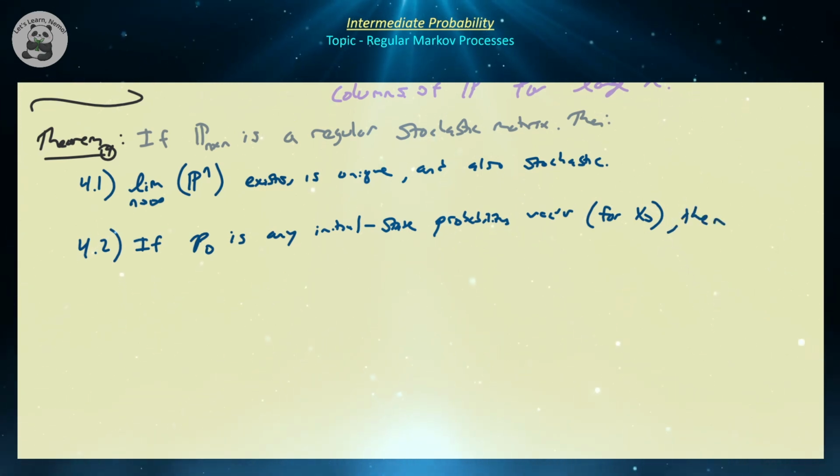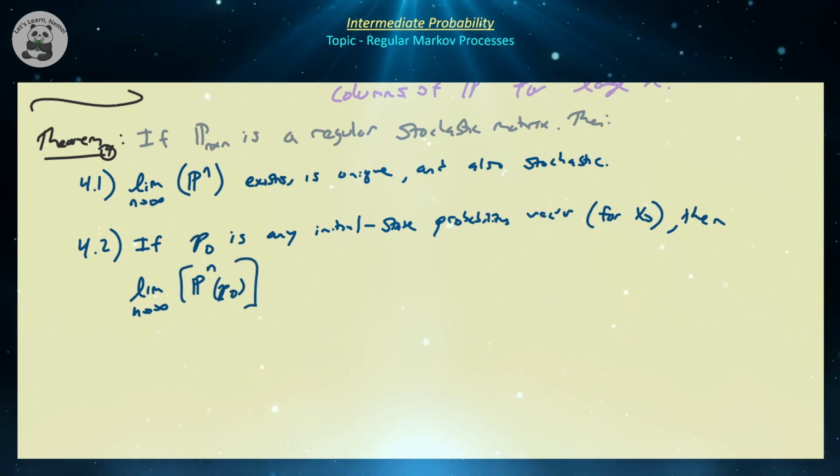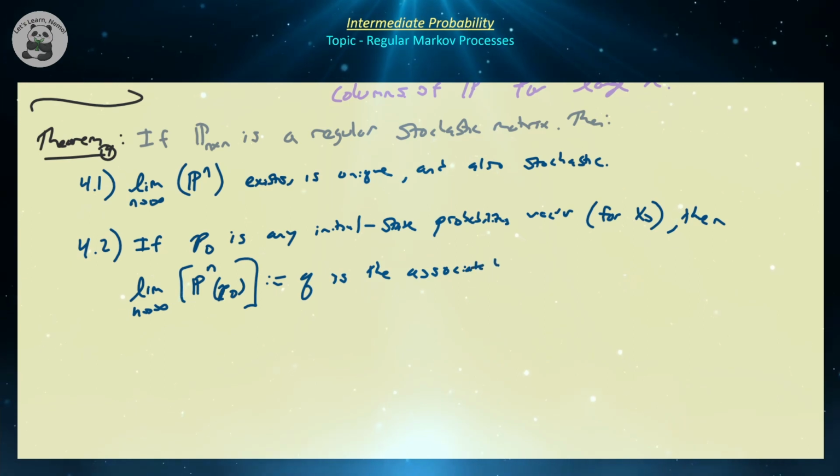Then, if we take the limit as n goes to infinity of our stochastic matrix exponentiated to the power of n multiplied by our probability vector for x0, this is going to be equal to q, which is the associated probability vector for eigenvalue equal to 1.